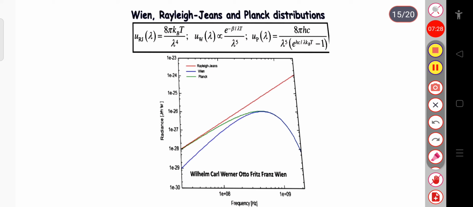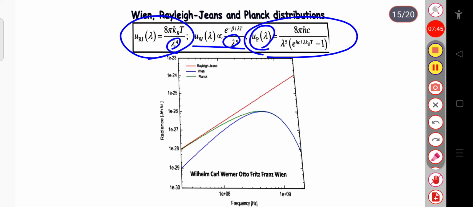You can see the relation for Wien's law and Rayleigh's law, that is the energy density relation with the wavelength. Planck's energy distribution is inversely proportional to lambda to the power 5, into exponential of hc by lambda kT minus 1, so it also varies exponentially with the wavelength.